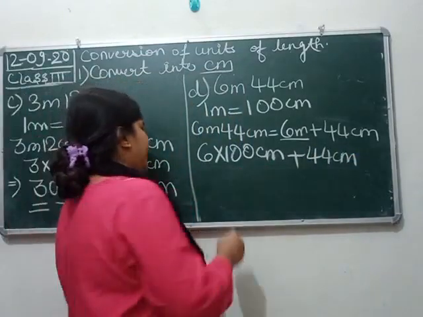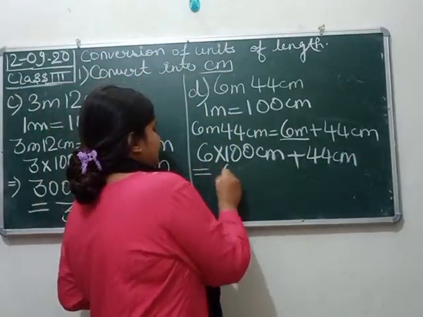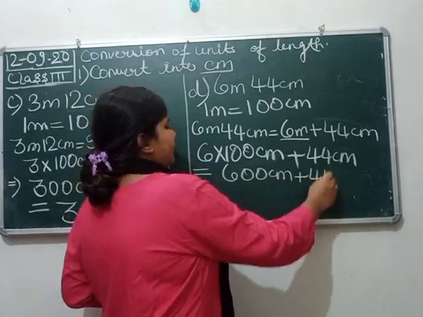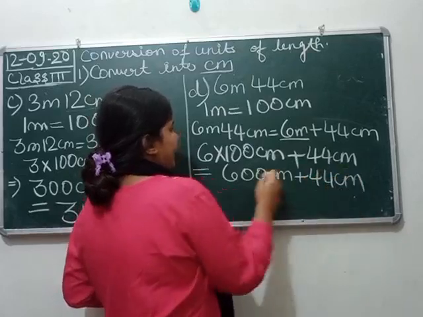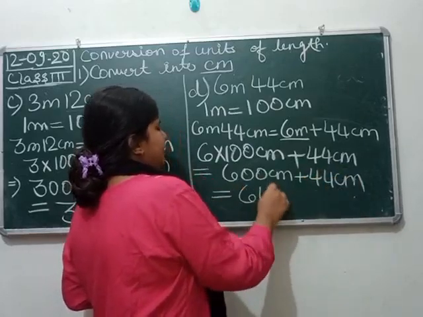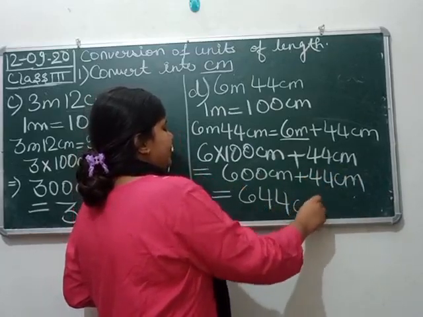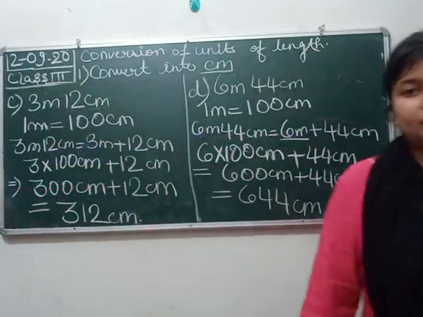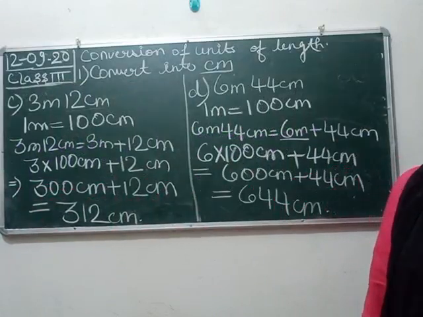Now together we will get 600 centimeter plus 44 centimeter, and our answer will be 644 centimeter. Come on, jot it down. Match your answer with this one.